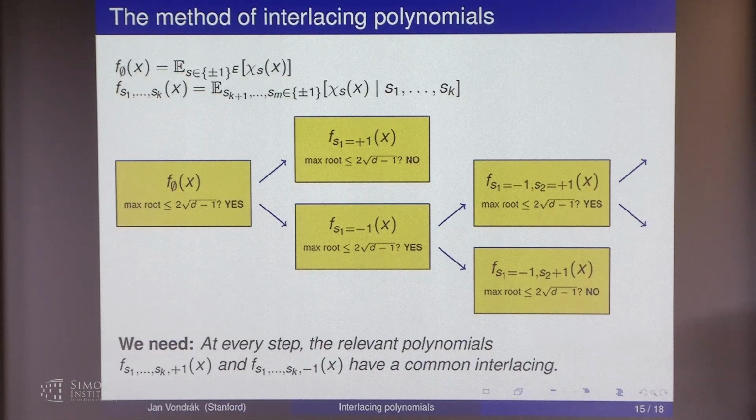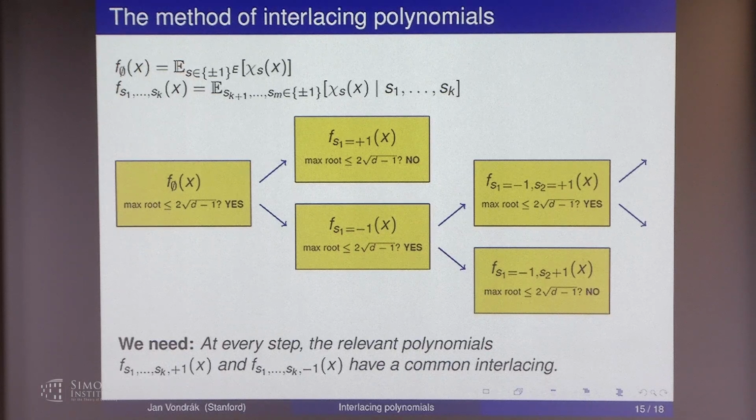Start with f of the empty set. We already know that its maximum root is bounded by what we want. It's bounded by 2 square root of d minus 1 because it's a matching polynomial, and we know that that's the case. So the maximum root is well behaved. Now we have two choices for s1. Right? We are deciding to set s1 to be either plus 1 or minus 1.